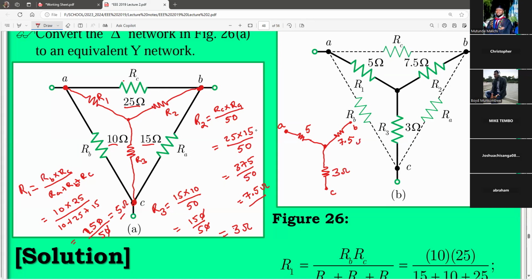You can put the units there. Okay, so that's how you would transform this delta connected network RA, RB, RC into the equivalent star connected R1, R2, R3. Okay, any issues?